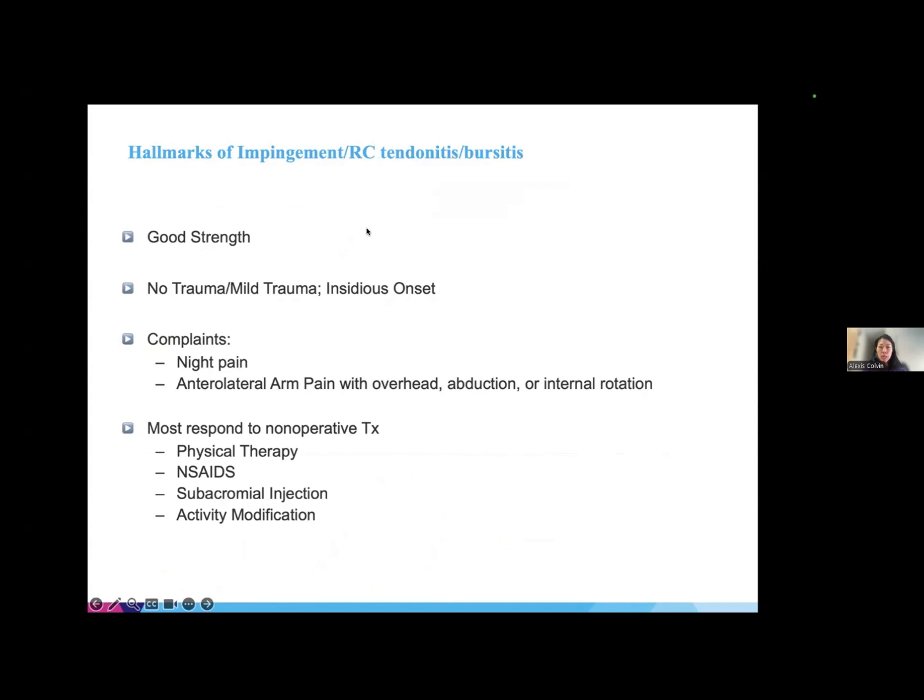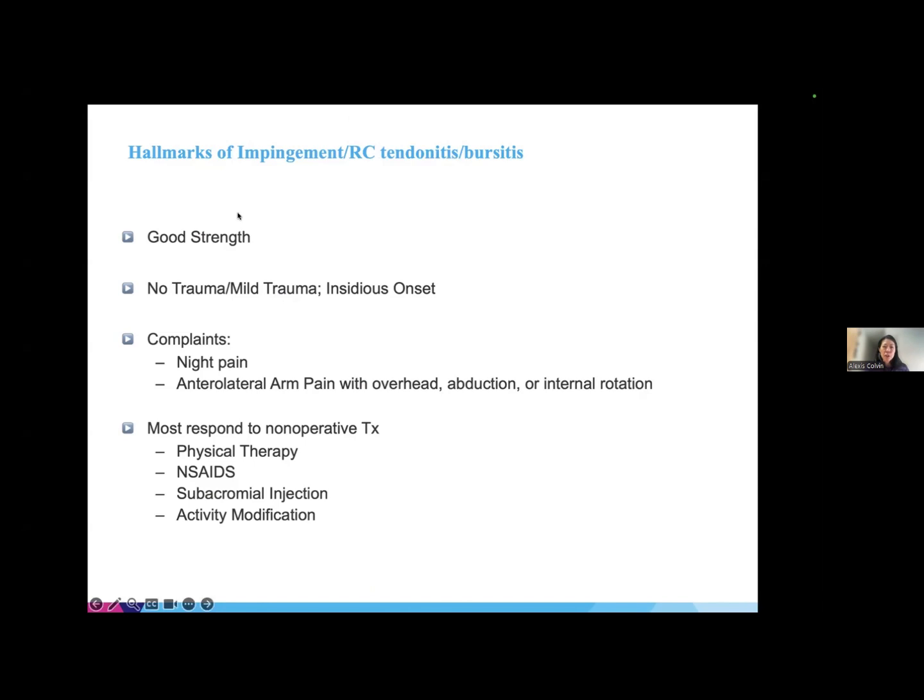So, like I said, the least severe problem with rotator cuff tendons is impingement, tendinitis, or bursitis, things that are mainly just inflammation. What you're going to look for and want to get from the history is whether or not they've had any trauma. What the onset is: is it something that happened right away, or has it been going on for a long period of time? Frequently when someone has to do a lot of heavy labor, it will be a very insidious onset.